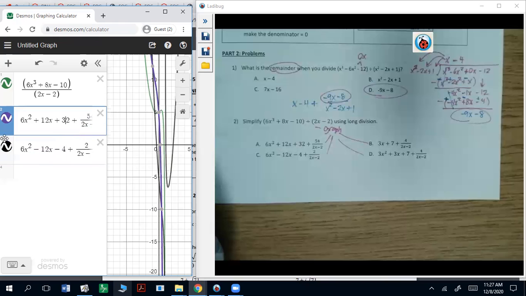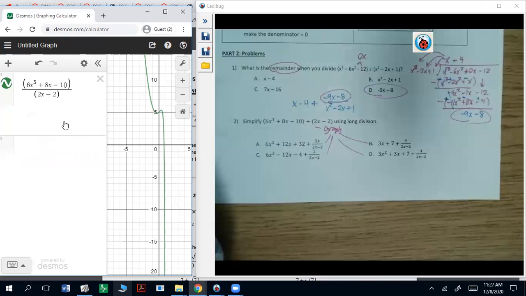So look at these graphs. Neither of them overlap, so I'm going to go ahead and get rid of those.